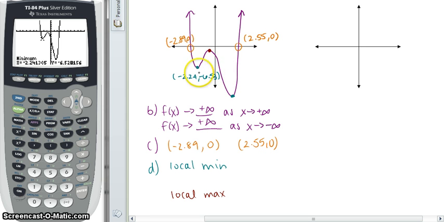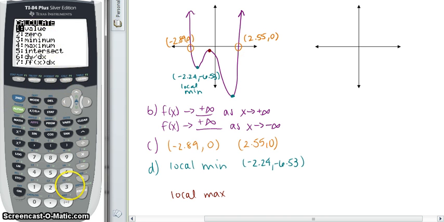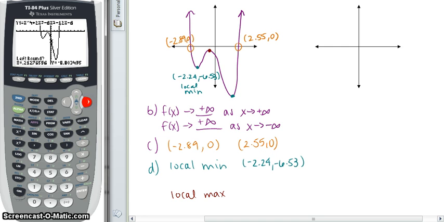All right, so that is one of our local min. I'll write that down here, negative 2.24, comma, negative 6.53. Now we have to find this other local min, so let's do second trace again, option number 3 for a minimum. Go all the way over to the left side of our minimum value, we hit enter. Now we go to the right side, hit enter again.